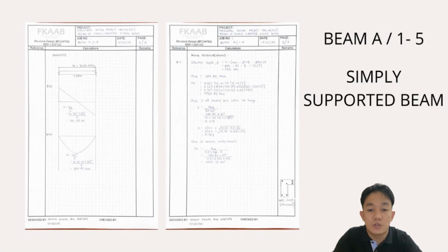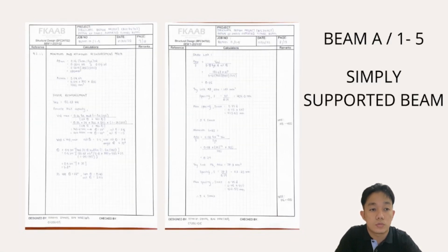For my beam, I use 6H25, which is equal to 2946 mm square. Then the minimum and maximum reinforcement area. For the As min, I get 230 mm square, and the As max, I get 7200 mm square.